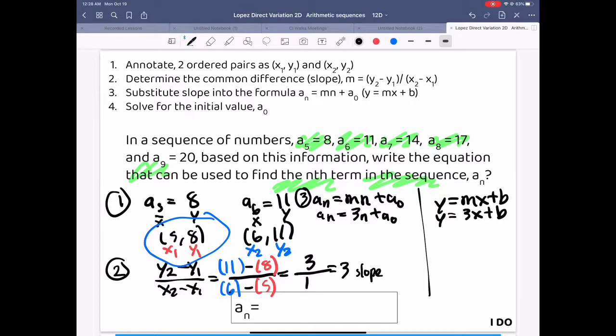Since it's already labeled for me, I'm going to put it in. So it's going to be 8 equals 3 times 5 plus a sub 0. Over here again, same thing. Y is 8, is equal to 3 times 5 plus b. 3 times 5 gives me 15.